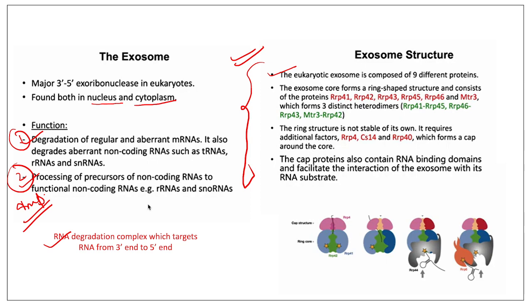Wherever it is mentioned RRP with some number, that means it is an exosome. Okay, always remember, if anywhere in further slides you find RRP41 or any RRP number, that means it is a protein of exosome.